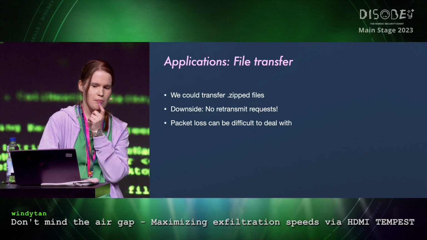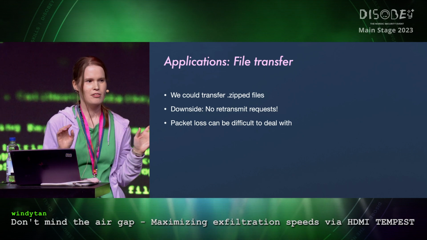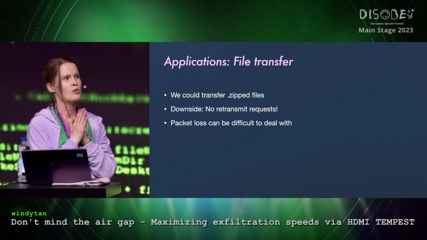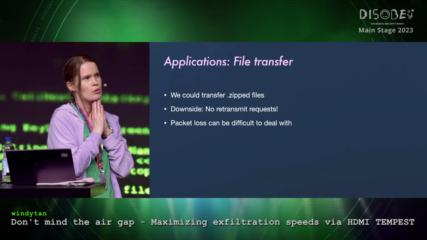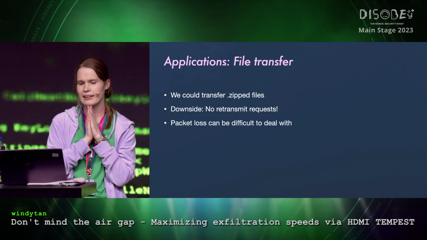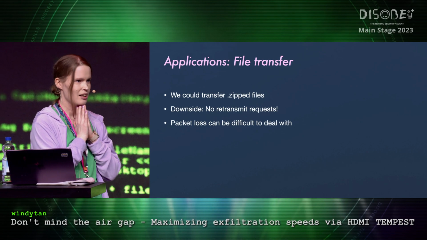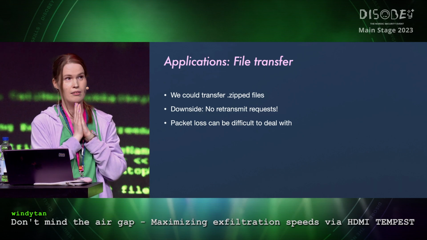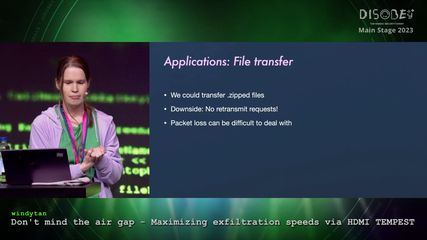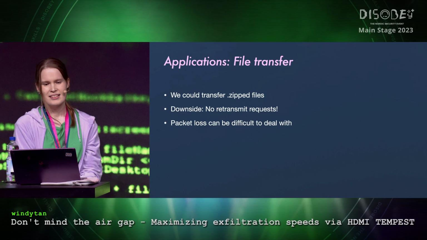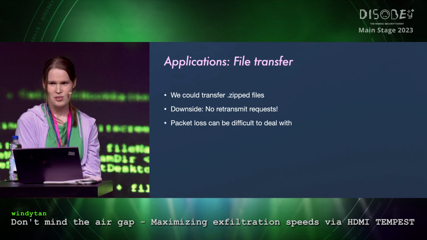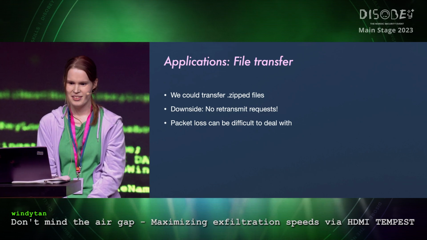File transfer. We could transfer some kind of a file that knows that it has been received completely. For example, zip files, they have their own CRC in the end or in the beginning. But now we come to one of those downsides of this method.